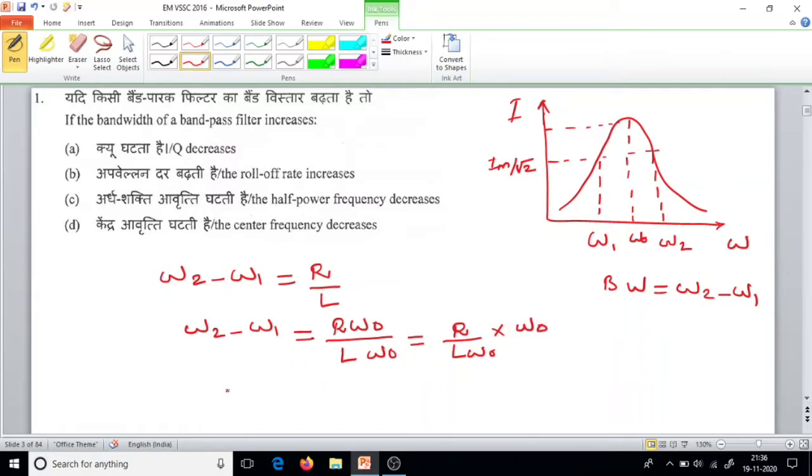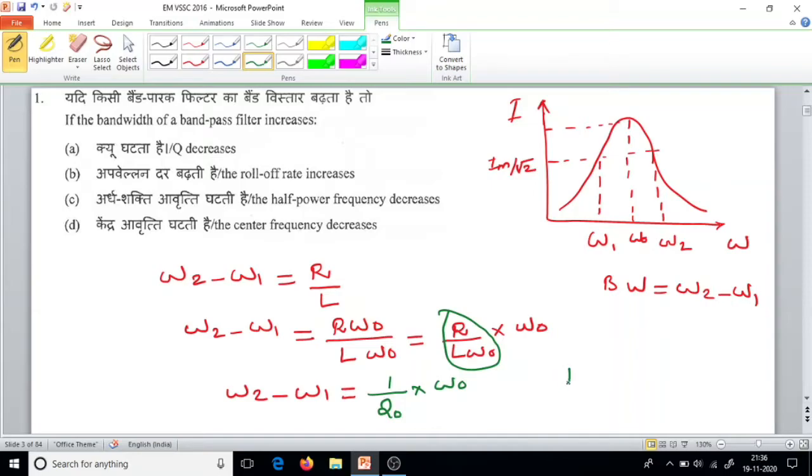So omega 2 minus omega 1 equals this, and R by L omega naught can be written as 1 by Q naught, where Q naught is the quality factor, multiplied by omega naught.